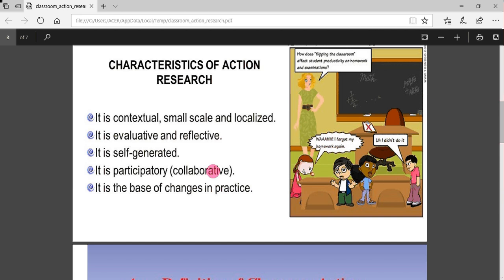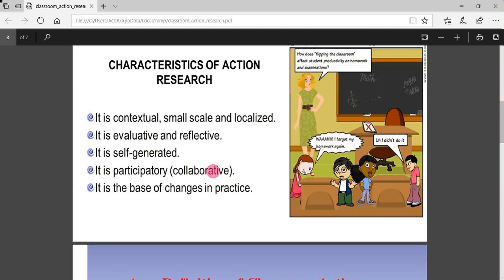All of you try to improve the third year students' English skills. You work collaboratively, you evaluate together, you reflect together. This is what we call collaborative.